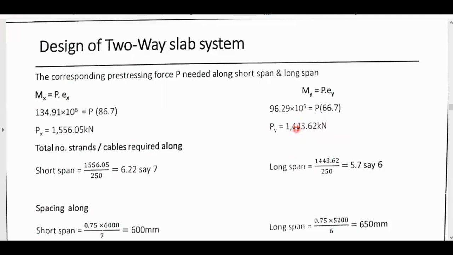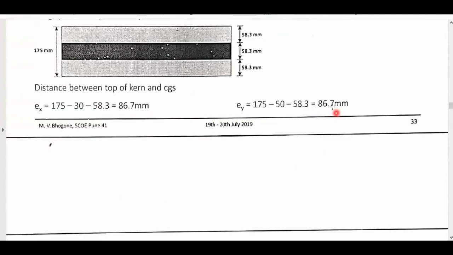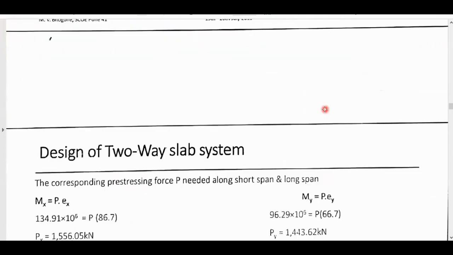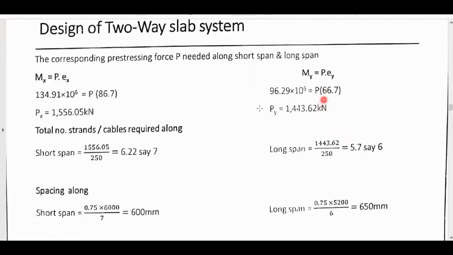Again, substituting My and Ey. So Ey will be 66.7. A small correction here: it is written as 86 here, but it is 66.7. So now the Py value will be 1443.62 kilonewton. So we have the required force in 2 directions as Px and Py.